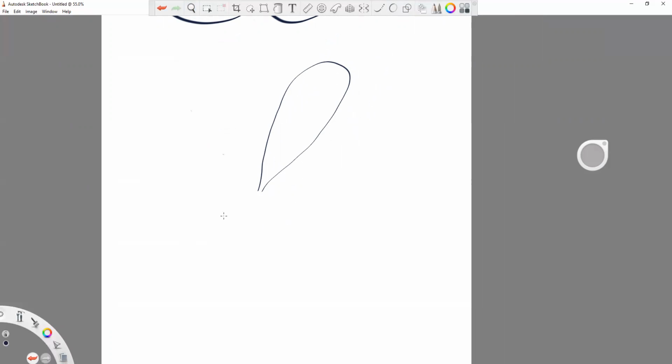So on most people, this is going to be more or less cranial, and this is going to be more or less caudal. And this is anterior caudal, and this is posterior cranial.